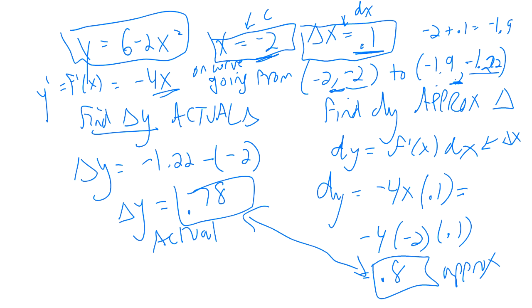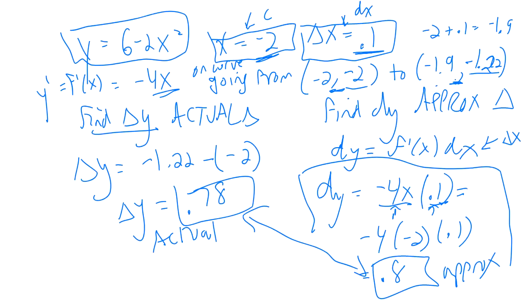If I were going to use the differential approximation, this is the short and sweet version of what I would have to do. I take the derivative, I multiply it by dx. This was given, the dx. This only took me a few seconds, and I'd be done. If I were going to use the approximation, I don't need to find these 2 points, which is what took me all the time, and then finding the actual, subtracting the y values after I found them.